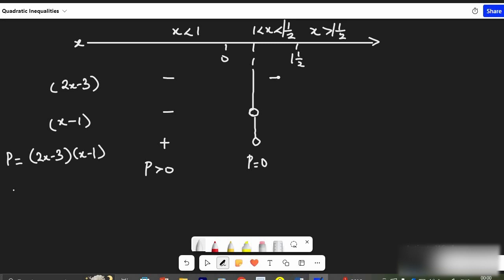So this would be negative here. And then this, if you put 1.4 into this factor here, you have a positive number. So this is going to be positive here. And minus times plus is minus, so we have minus here. So for this region where x is greater than 1 and less than 1.5, you have that the product is less than 0.